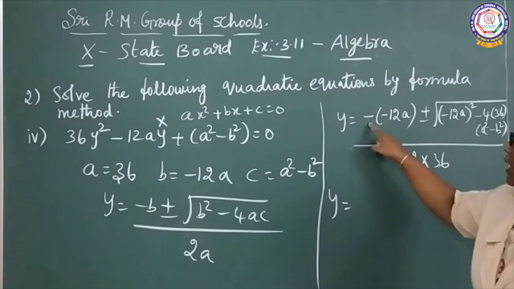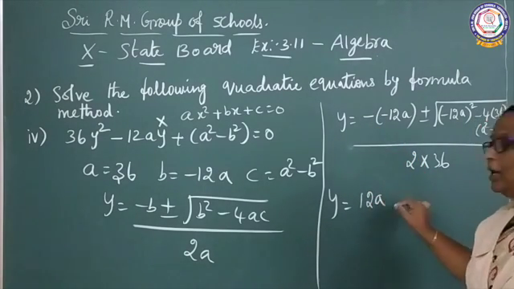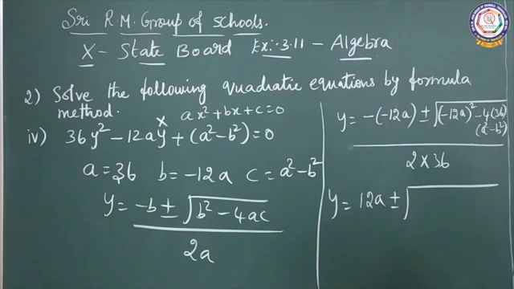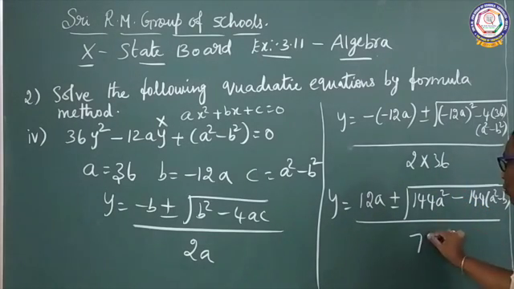So y equal to minus into minus becomes plus 12a plus or minus root of 12a square. What is the square of 12? 144. So 144a square minus 36 fours are 144, 144 into a square minus b square, by 36 twos are 72.